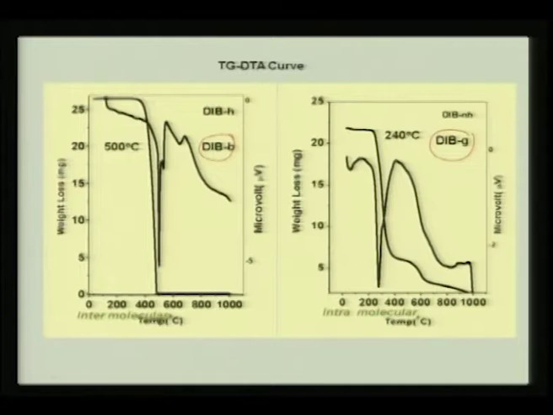If you look at the thermal analysis, you can clearly see the one which has intermolecular hydrogen bonding suddenly collapses, and then the molecule undergoes a 100% weight loss, and this happens somewhere around 500 degrees C. Whereas, in the intramolecular hydrogen bonding, which is the case of the green emitting molecule, you can see there is a sharp fall around 400, but then it extends down up to 1000 degrees, which means the intramolecular hydrogen bonded compound is more thermally stable compared to the intermolecular hydrogen bonded compound.